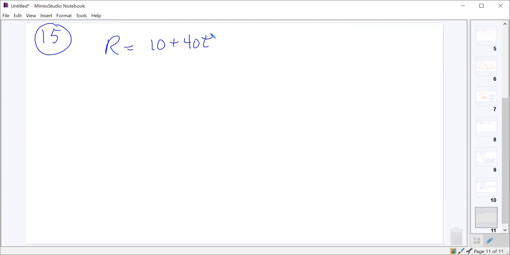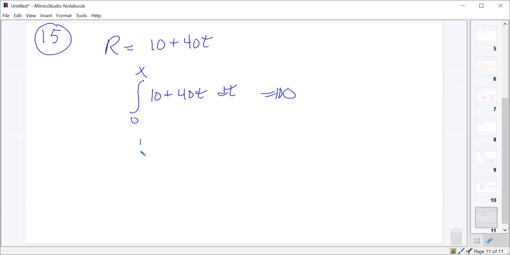So no one's leaving. The beach opens at 8, so we assume there's no one there at 8. And we need to integrate. We'll just integrate from 0 to x of 10 plus 40t dt to figure out when that equals 100.